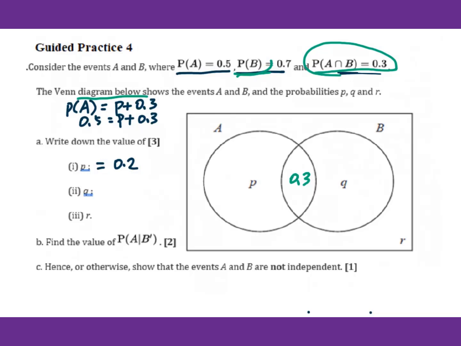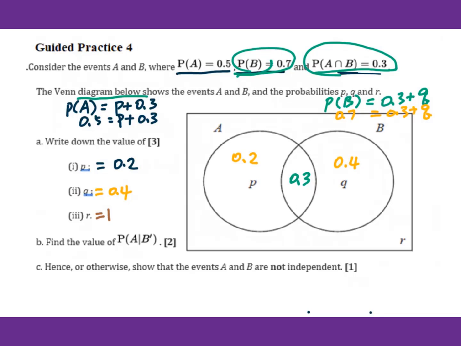And also, you can set up probability of B equals 0.3 plus Q. We know this is 0.7 equals 0.3 plus Q. So we have Q equals 0.4. The probability for the universal set will be 1. Therefore, R equals 1 minus 0.2 minus 0.3 minus 0.4. So you get 0.1.